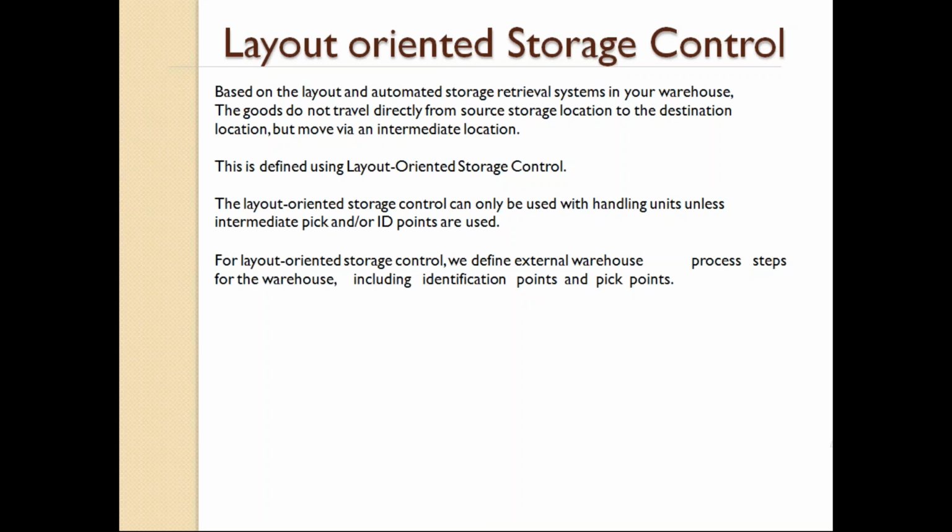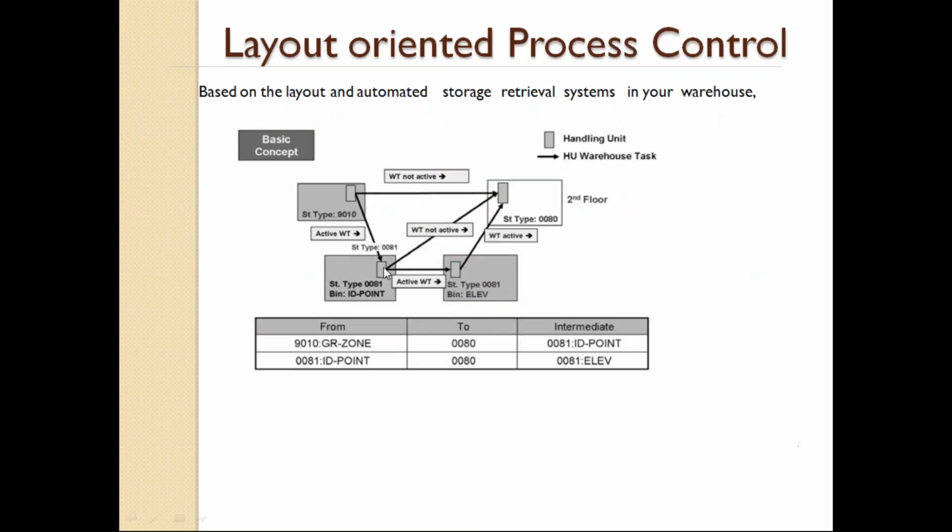The idea is very simple, as we already discussed: instead of going from this storage type to this storage type directly, it goes via this. If you are moving from this storage type to this storage type, go via the elevator. The system will create two tasks, from here to here and here to here, so ultimately you end up moving the stock from here to here, here to here, and then here to here.